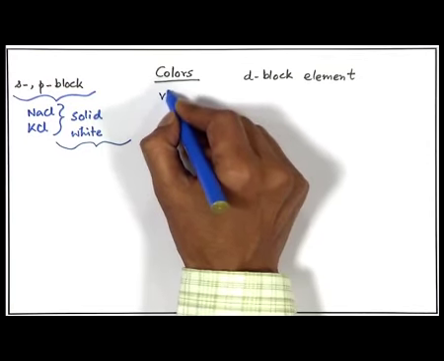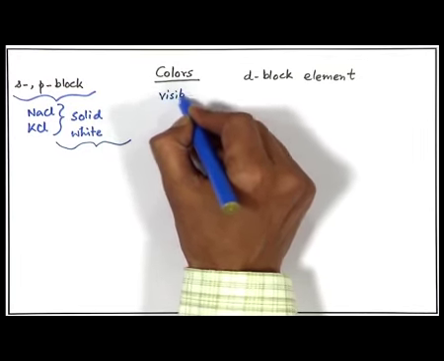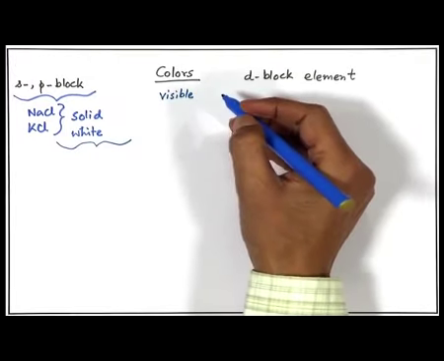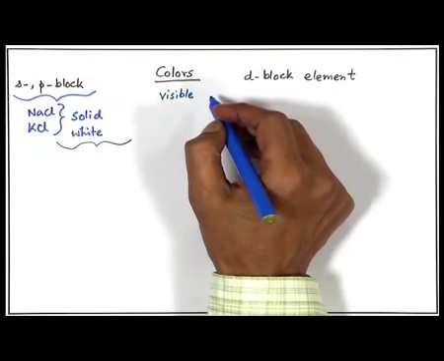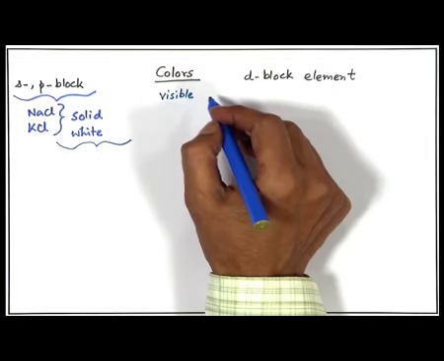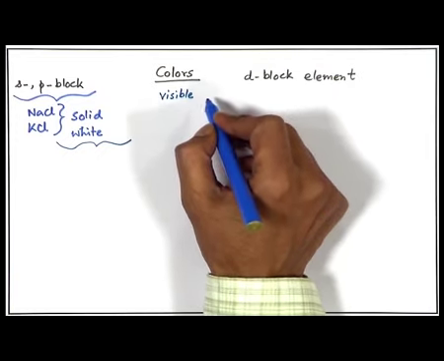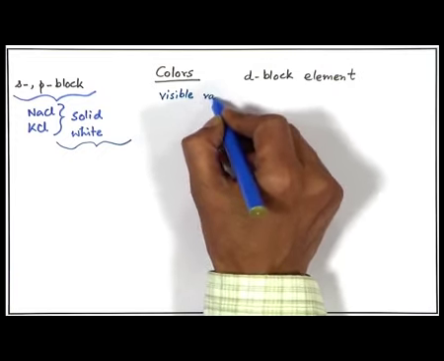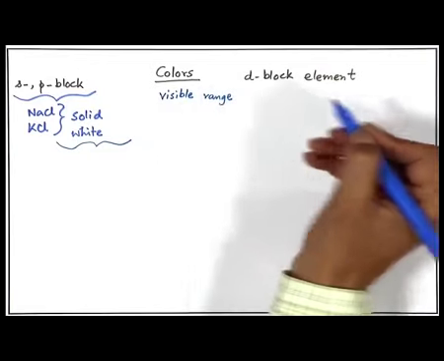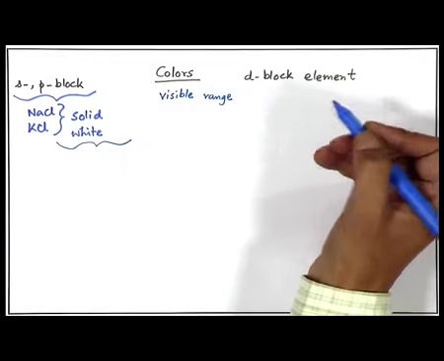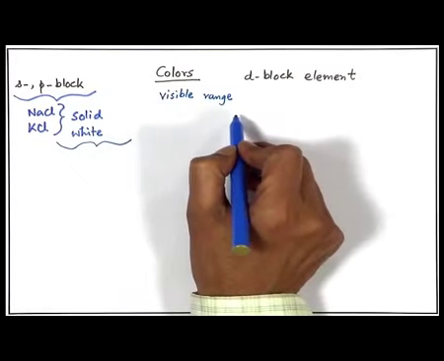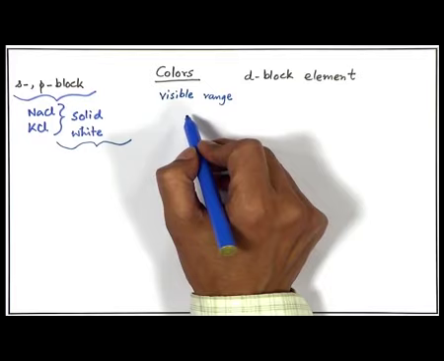The colors of these compounds, whether metal salts or ions in solution, should be in the visible region, because our eyes can detect only those colors where we have some absorption in the visible range.